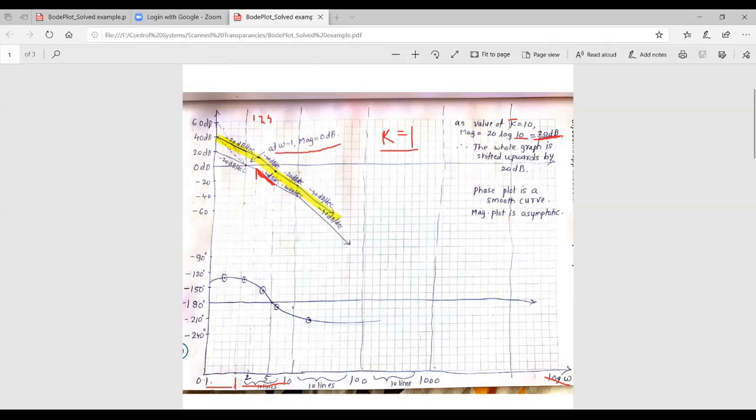Now, what is the significance of this omega equal to 1? At omega equal to 1, the magnitude is 0 dB. How? Magnitude would be 20 log of omega, and 20 log of omega, when omega is 1, gives you 0 dB. So that is why your magnitude plot crosses 0 dB at omega equal to 1.